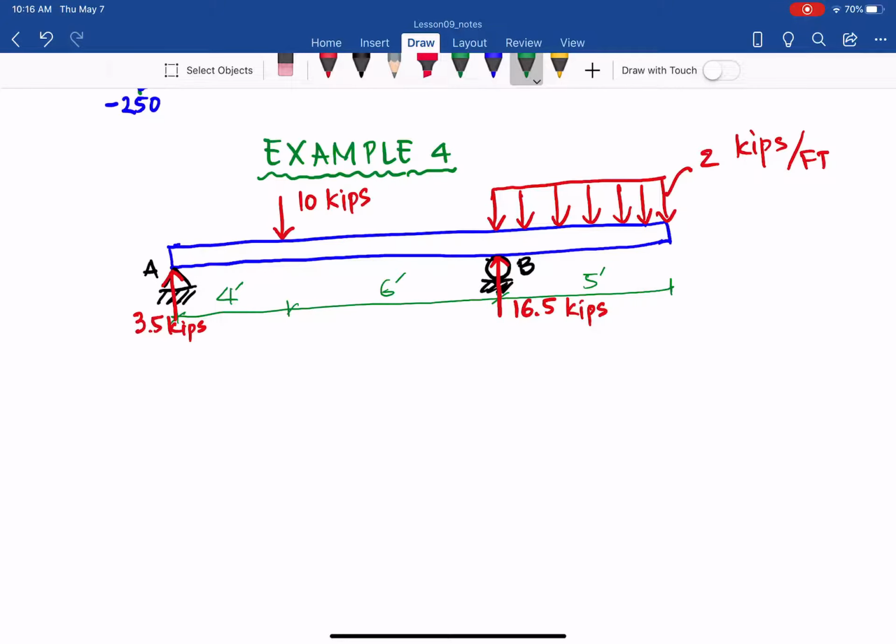So with the shear, we can have it here, and at any point that has a change, you put down the line, so that's for sure.